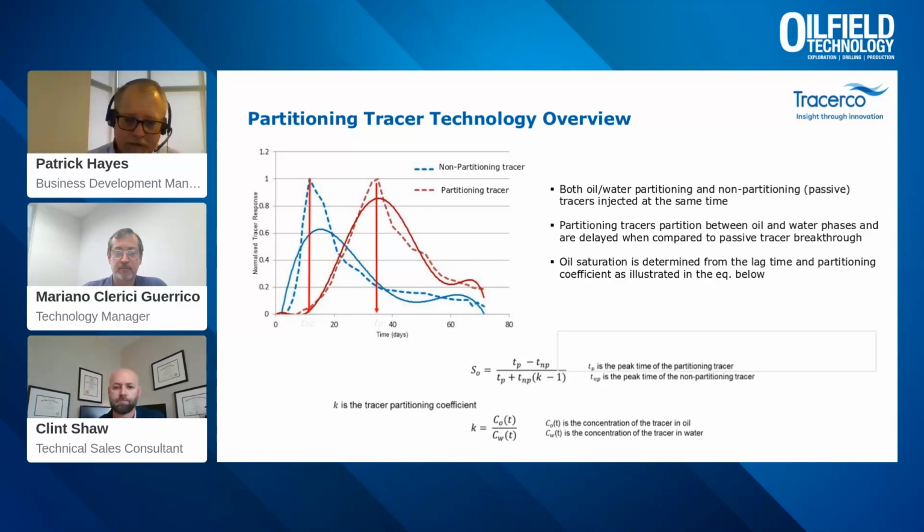The red trace, the second trace that arrives later in time, is the partitioner. Again, utilizing those mean residence times and arrival curves, we're able to calculate a remaining oil saturation by incorporating that K factor that was developed in the PVT lab.